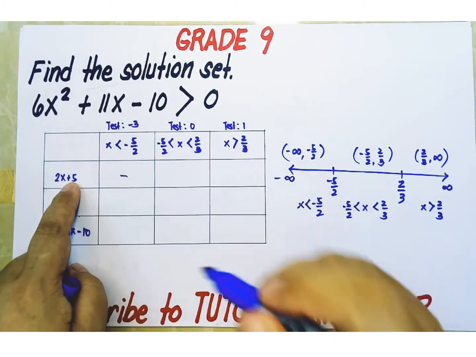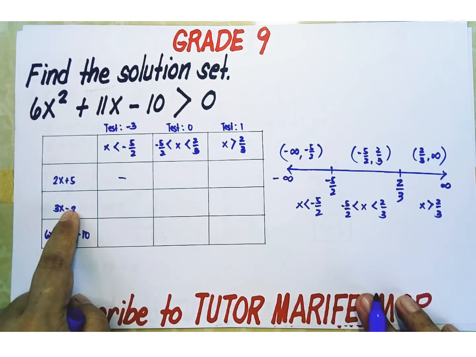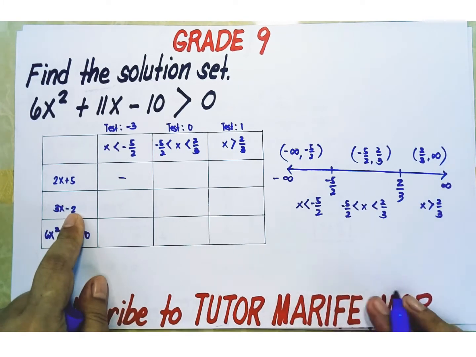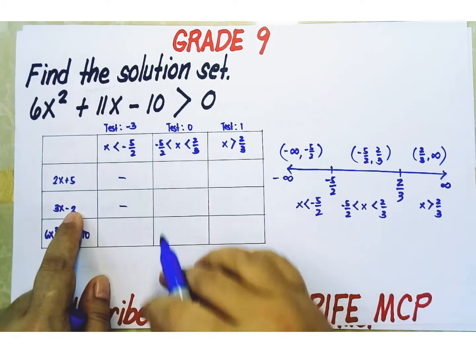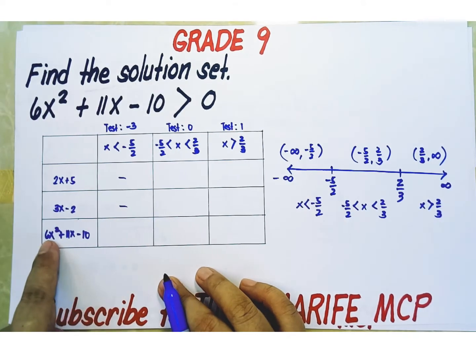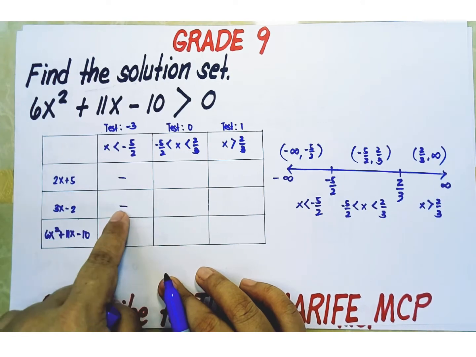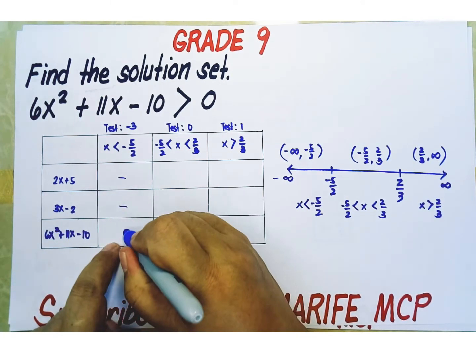The result is negative. If x is negative 3, substitute into the second factor. 3 times negative 3 is negative 9. Negative 9 minus 2 is negative 11. The result is negative. If you multiply the factors, it's equal to this product. So if you multiply two negative numbers, the product is positive.